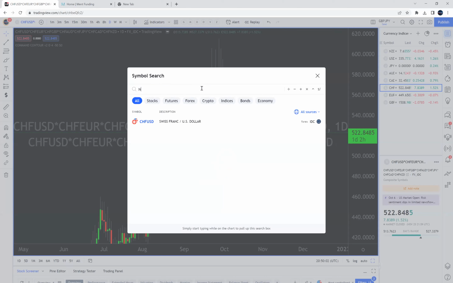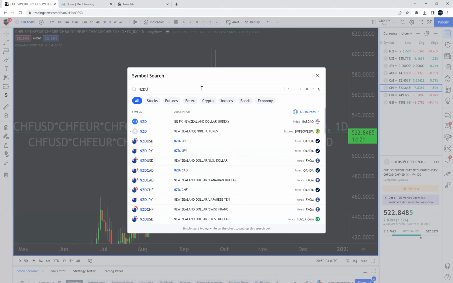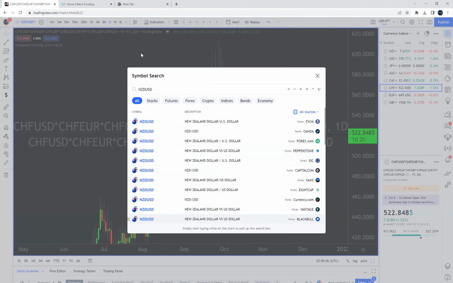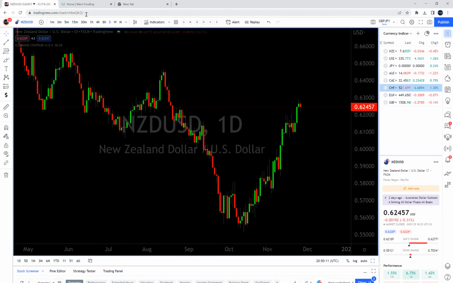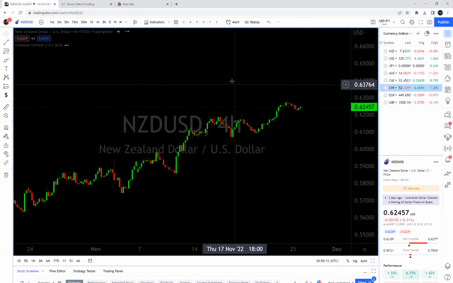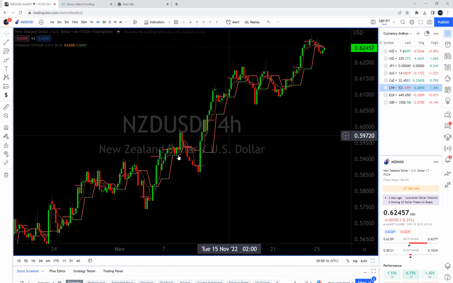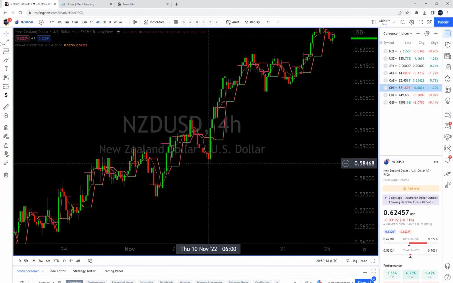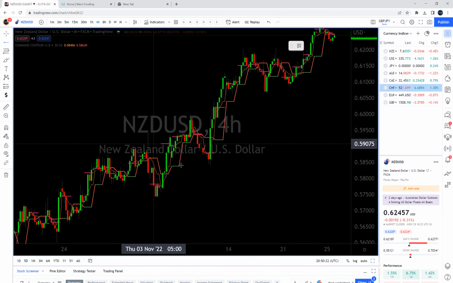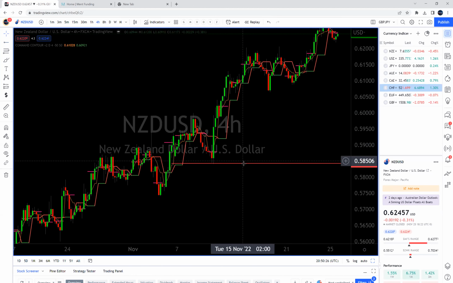So if I go to NZD USD here, and we go back down to, say for example, a 4-hour time frame, then you would see the entries for your NZD USD on the command contour. So here, command contour for the buy, boom, right there.